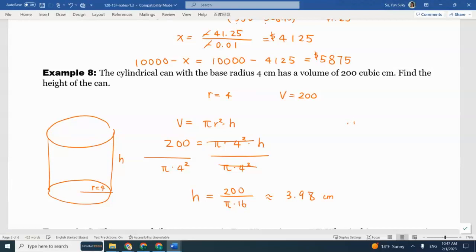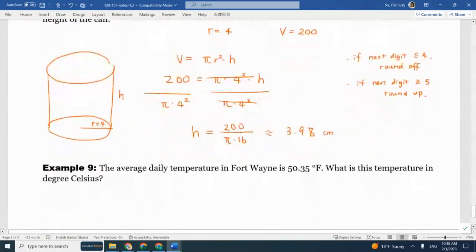If you don't remember, if the next digit is less than or equal to 4, we round down. If the next digit is greater than or equal to 5, we round up. Okay, everybody? That's how we round numbers.